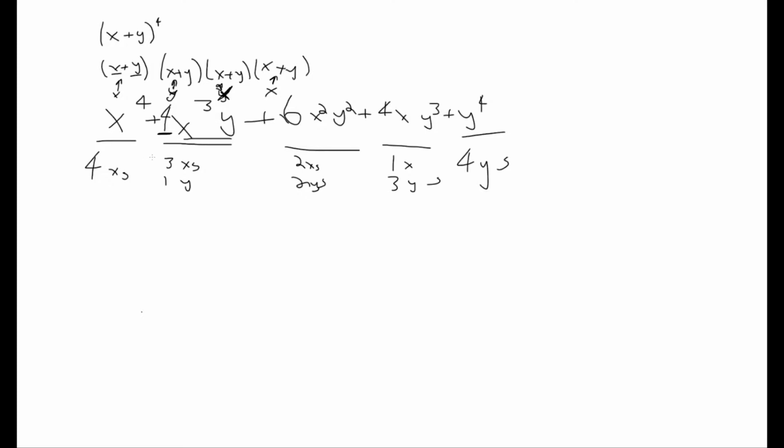So in this case, there are 4 combinations of picking 3 x's and then 1 y. Essentially, we're taking a certain number of x's and a certain number of y's for each term, and these coefficients represent how many different ways those x's and y's can be chosen.